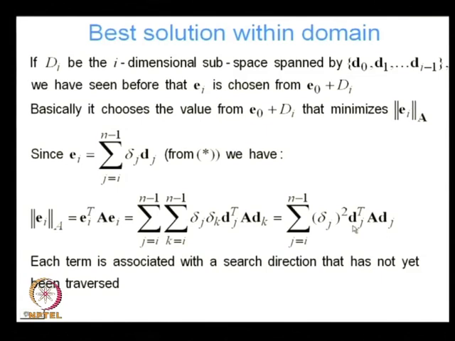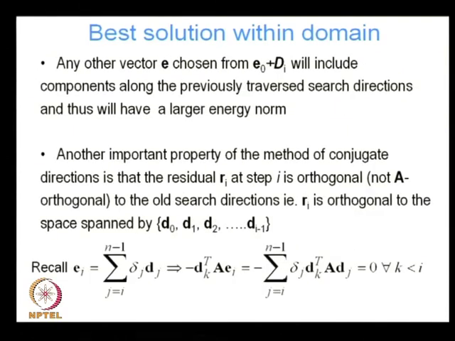But if I consider any other vector e which is chosen from e_0 plus D_i, it will include components along the previously traversed search directions, because this D_i consists of d_0, d_1 up to d_(i minus 1).